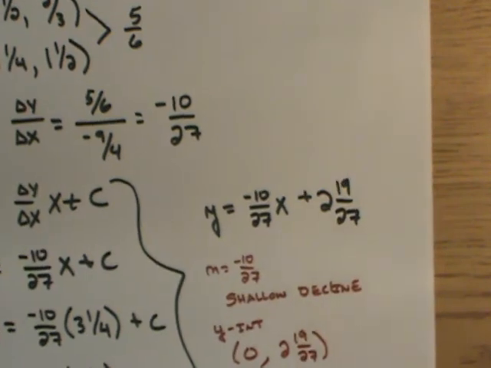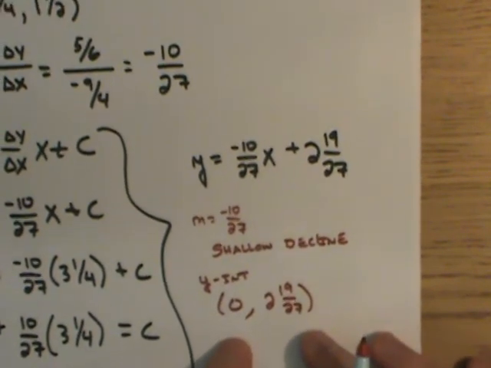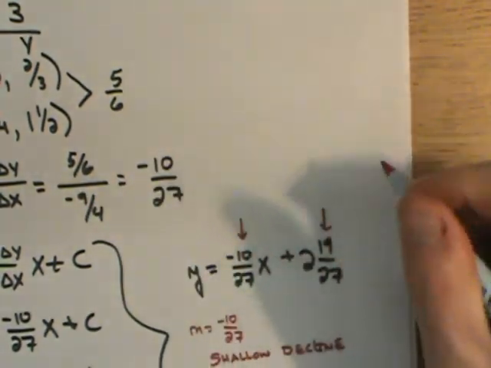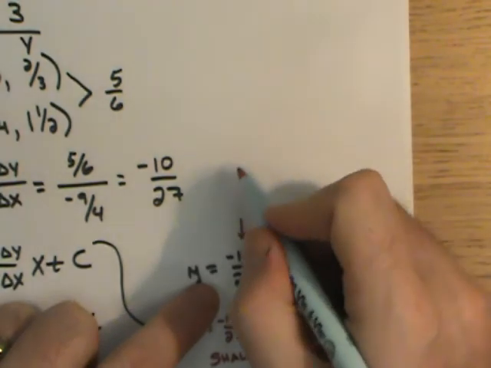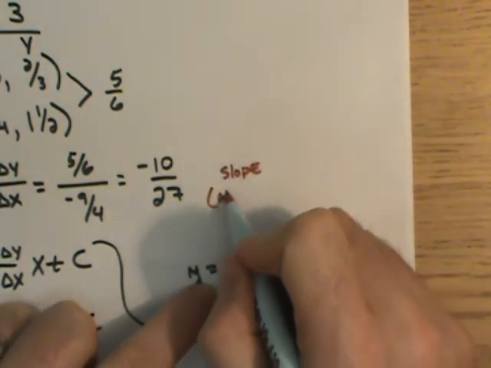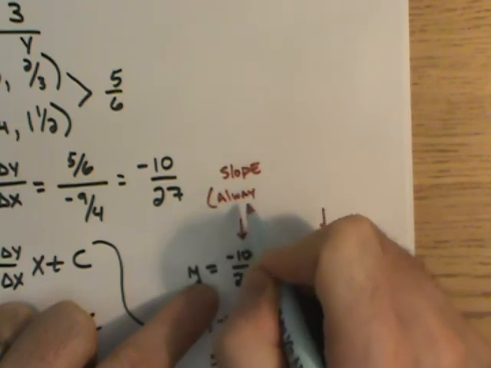I did switch colors of pen here for a reason. I want to come up here with the first two examples. It didn't matter, but a slope is always a fraction. In our class, slope is always a fraction.